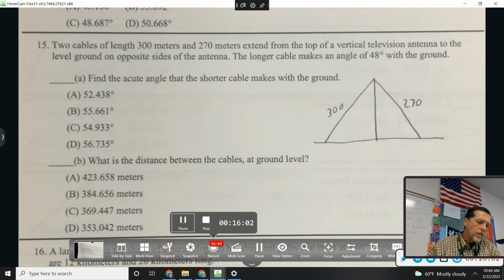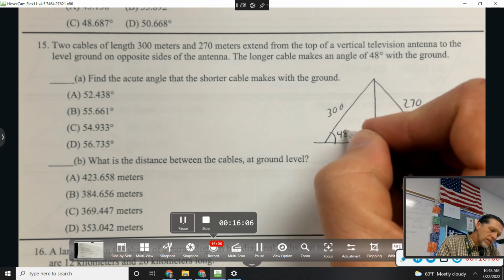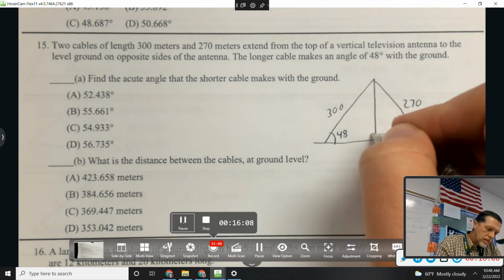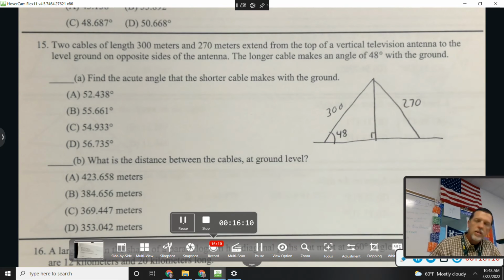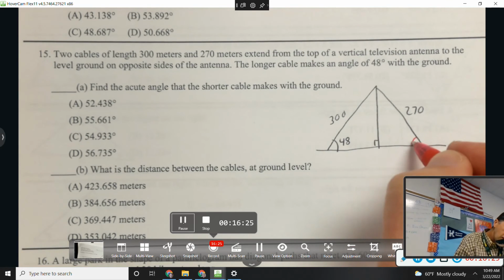The longer cable makes an angle of 48 degrees with the ground. Find the acute angle that the shorter cable makes with the ground. So this angle is what we're looking for.